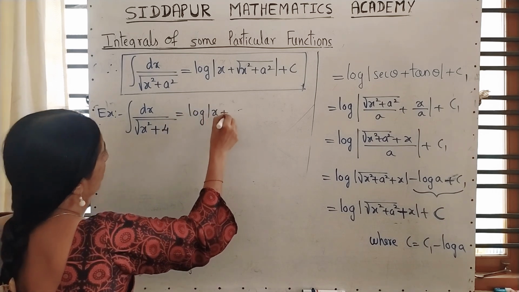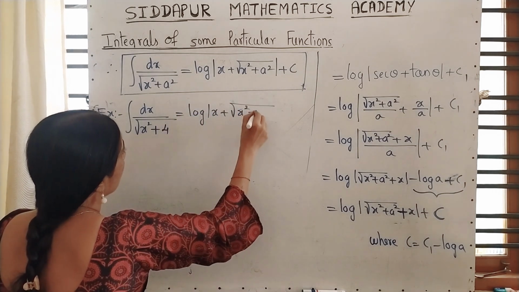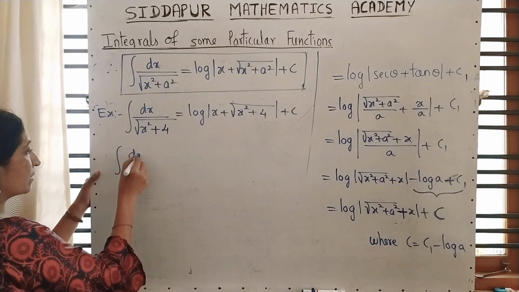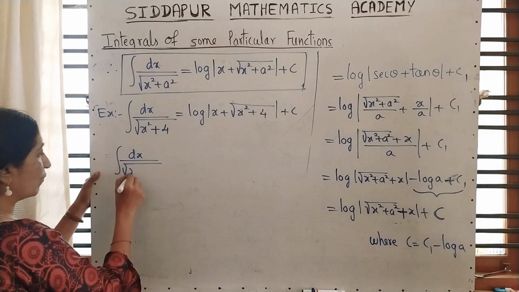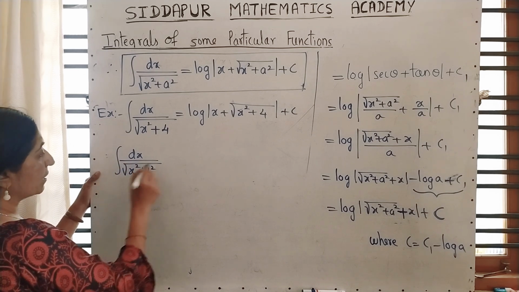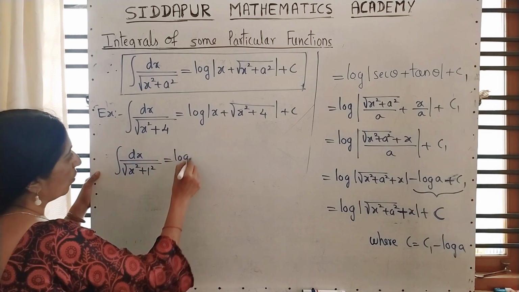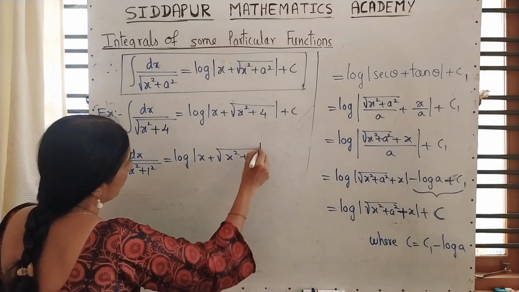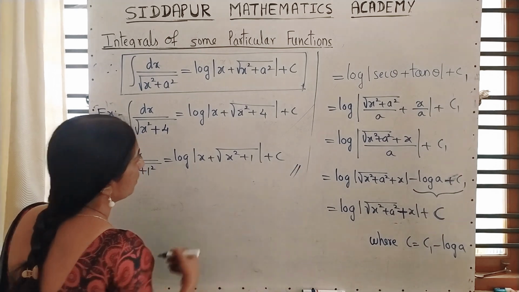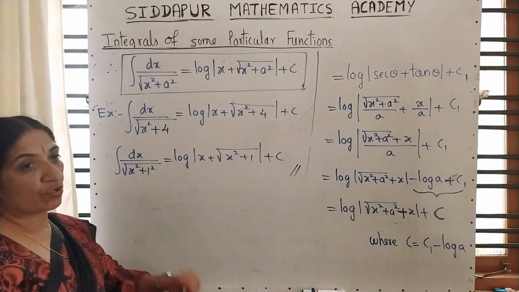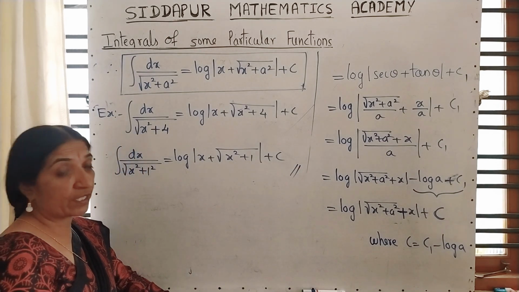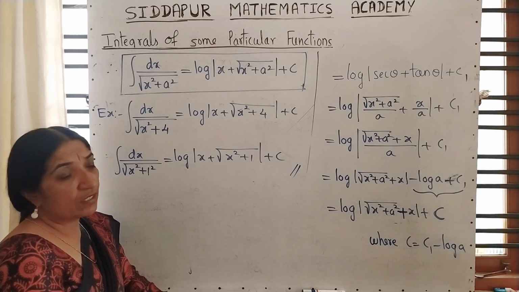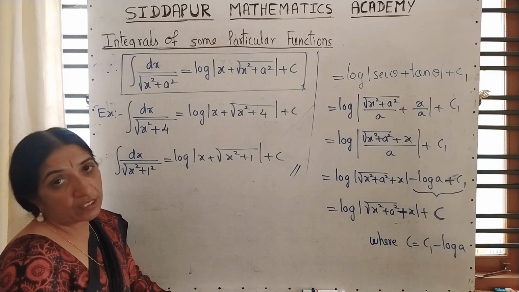Log of x plus root of x square plus 4 plus c. Next, dx upon root of x square plus 1 square. That is log of x plus root of x square plus 1 plus c. So like this we have to solve the formula, and with the help of formula the examples. So in the next class I will give the example based on these 6 formulas.